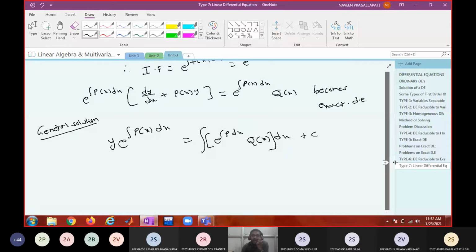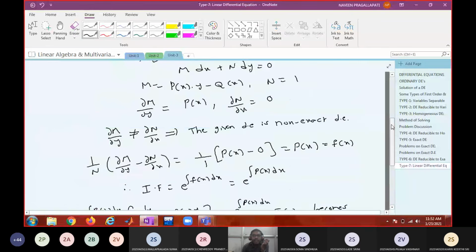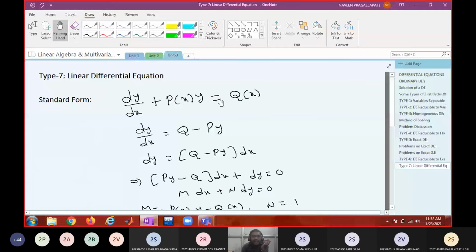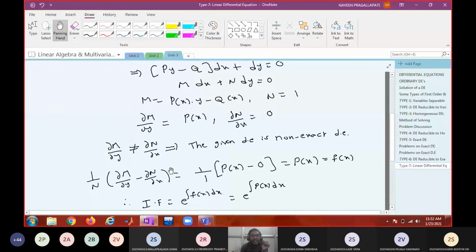So basically type 7 is also a special case of type 6. Now, a linear differential equation is a non-exact differential equation which can be reduced to an exact differential equation by using the integrating factor e power integral p dx.